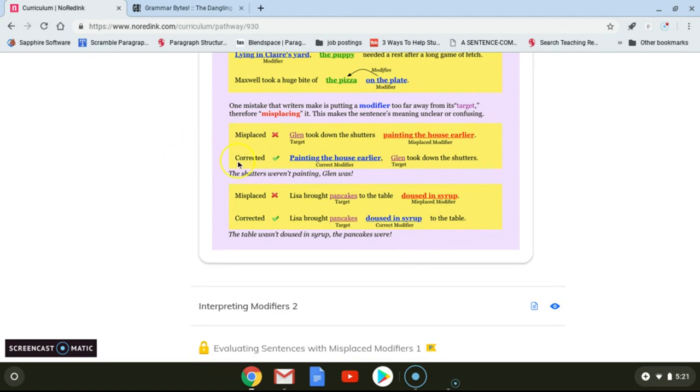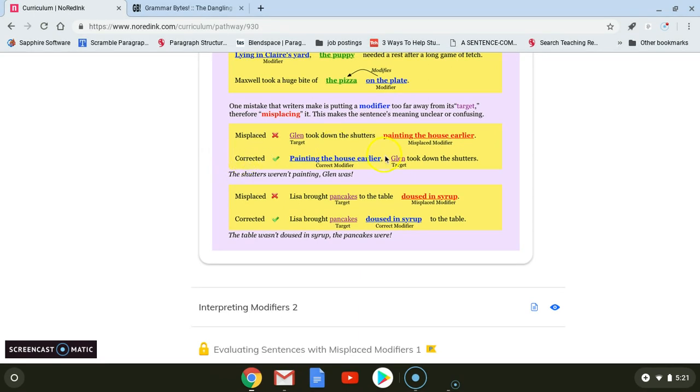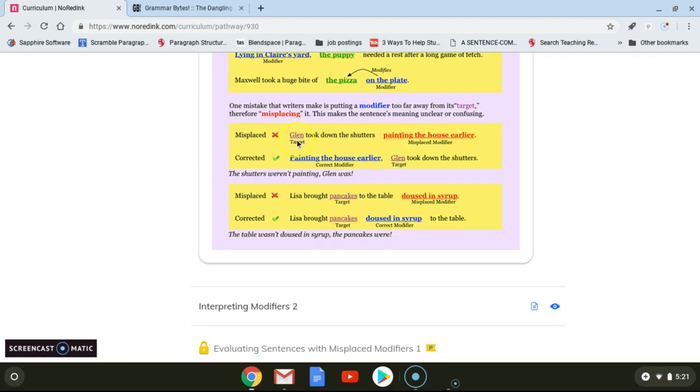In order to correct this mistake, I can fix this by moving the modifier next to the intended target. So instead of having the modifier at the end of the sentence, I now want to move it closer to my target, which is Glenn. So here's the rewritten example in a correct format.